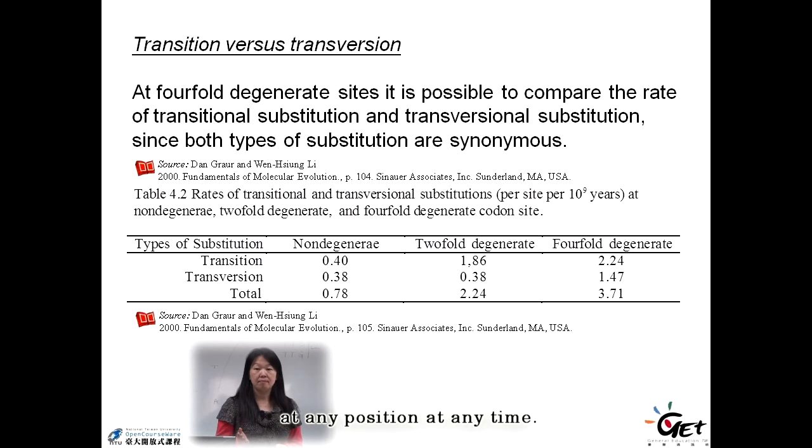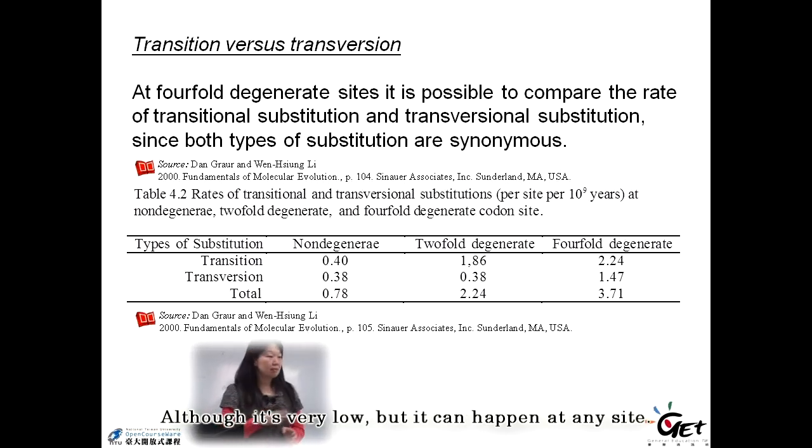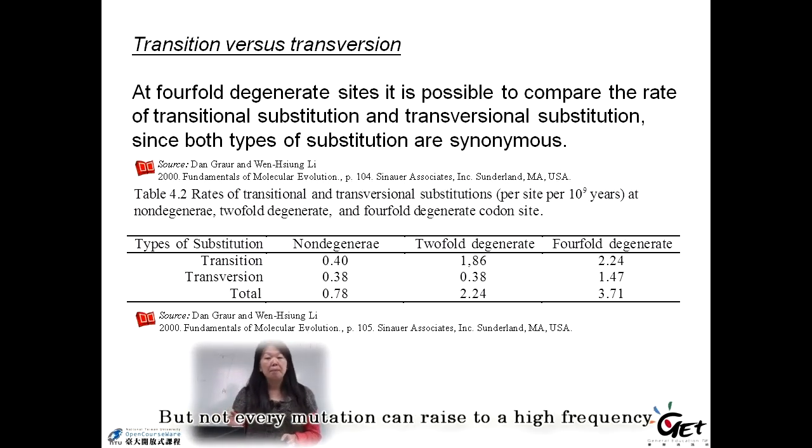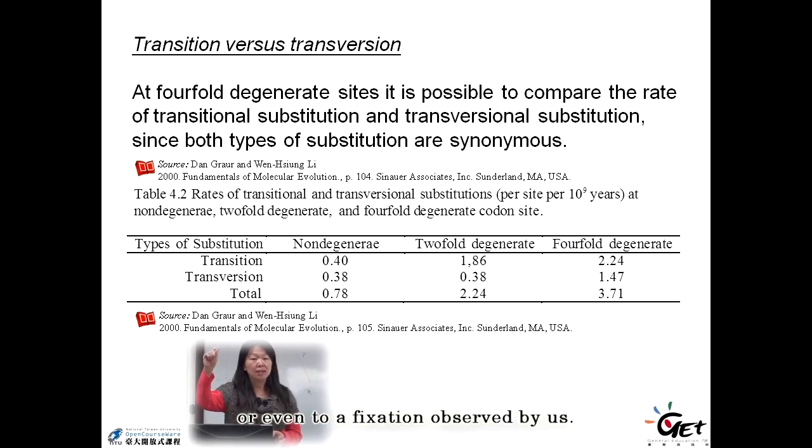At any time, although the probability is very low, a mutation can happen at any site. But not every mutation can rise to a high frequency or even to fixation and be observed by us.